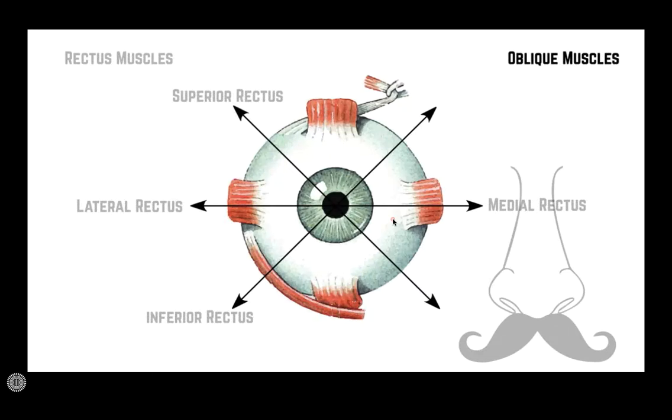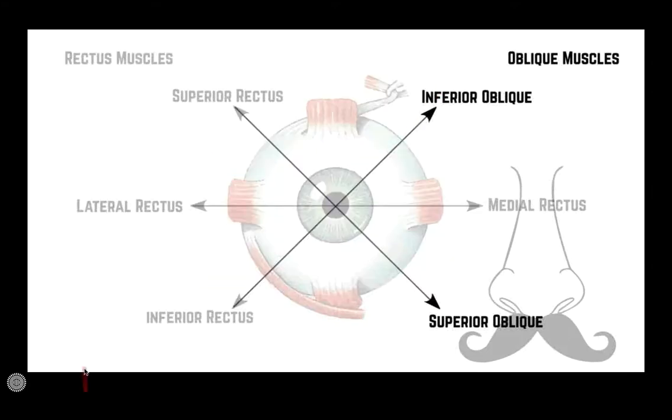And remember, the lateral rectus gets the innervation from the inner ear first. The superior and inferior rectus, they move the eyes up and out or down and out. And the obliques move the eyes down and in and up and in.